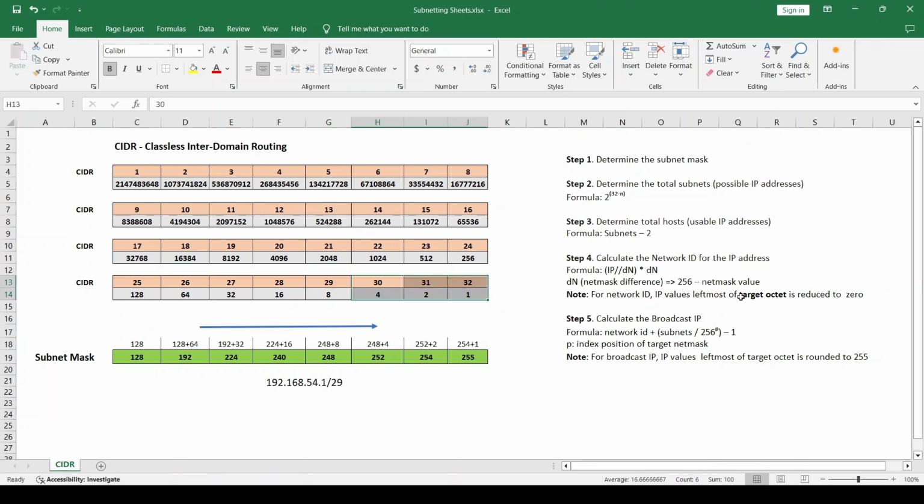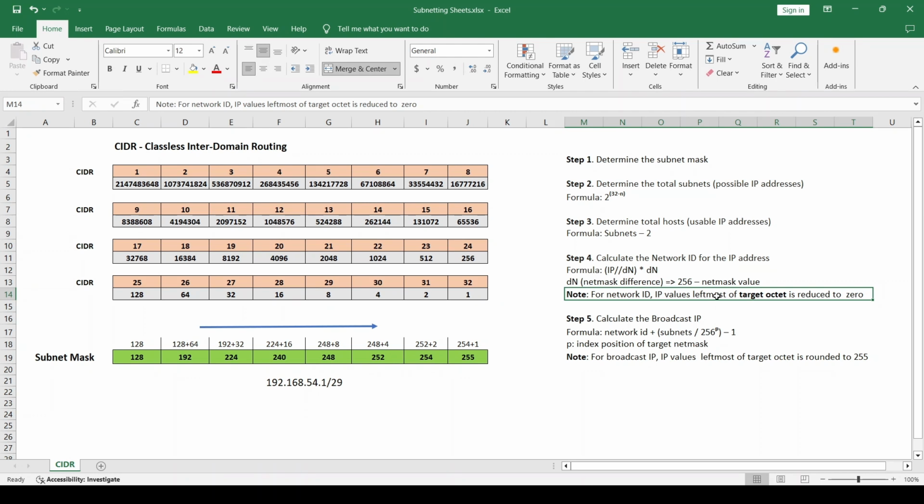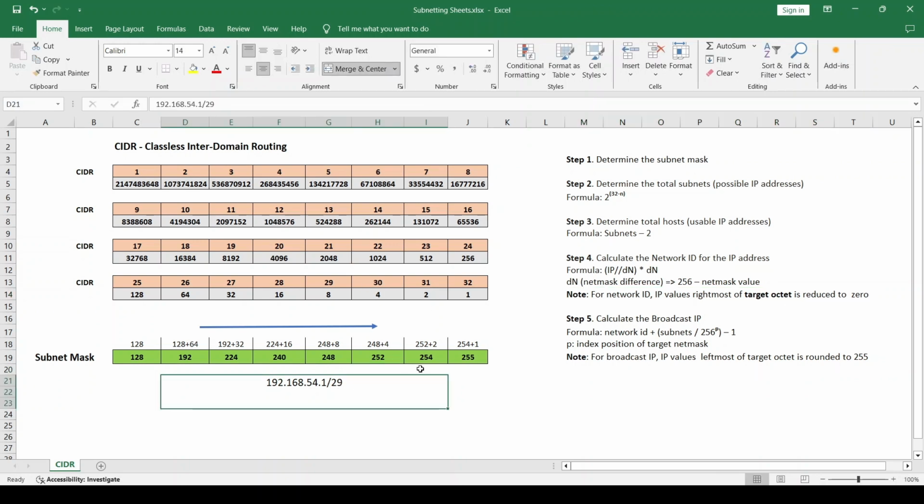I think there is an error here, it should be rightmost, not leftmost. So for this particular slash 29, it means that 30, 31, and 32, these 3 bits, have been reserved for the host addresses.